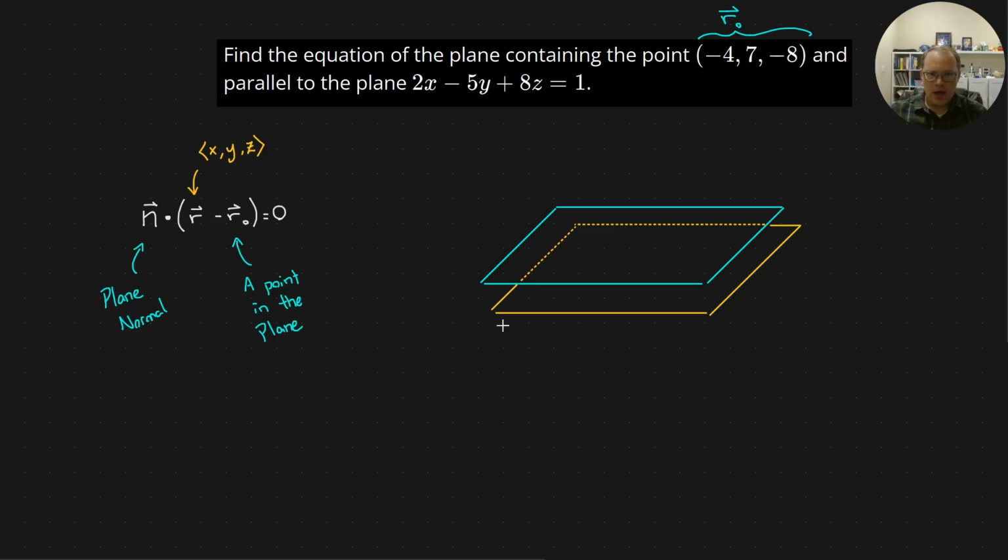Now, the first plane, I could look at this and I can easily recognize the normal to the plane because I can see the coefficients in front of the x, the y, and the z. Okay, so the normal to this first plane, I can find. But because the planes are parallel, if this normal vector is orthogonal to the first plane, it would also be orthogonal to the second plane.